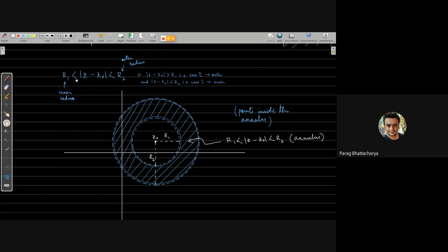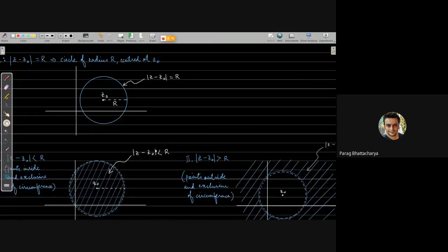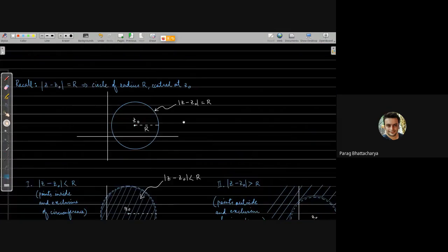If it was R1 less than or equal to, but then less than, it will include only the inner circumference but not the outer circumference, and so on. So we have these various different cases. Just by looking at this, you can tell what kind of region we are considering. So now coming back to this problem.